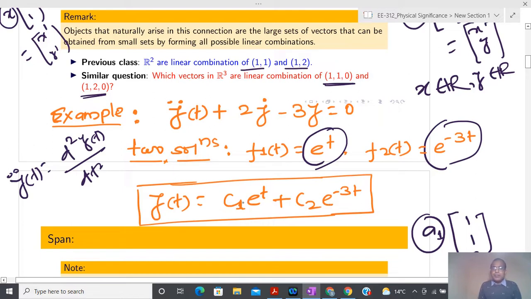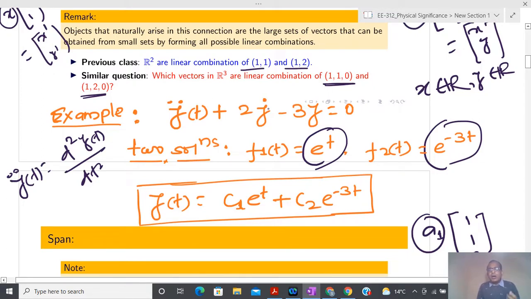If I know the functions, I can arrive at any solution, and obviously C1 and C2 can be determined based on the initial conditions. Again we see the use of linear combination. So what is the main motive? Whenever I have a differential equation, we know the solution is a function, so whatever space is generated by this is some kind of function space.